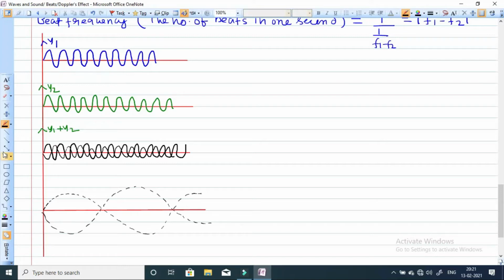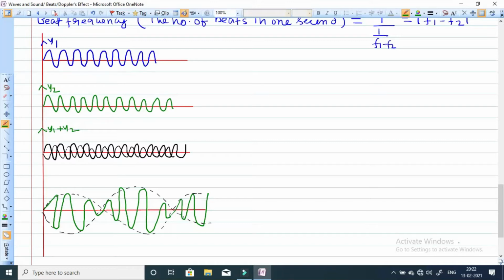Okay, let me plot the graph in green. So this shape of graph basically you will get. This is due to the superposition. So this is the final graph you will get in case of bit formation.